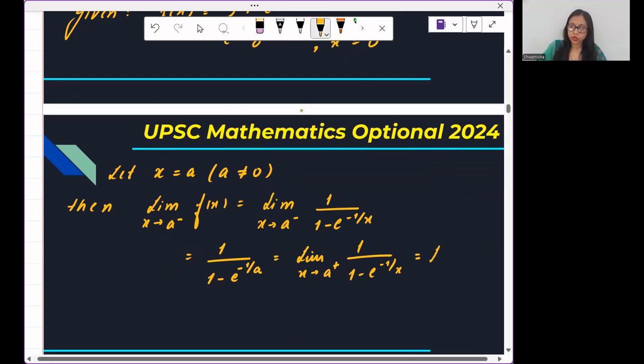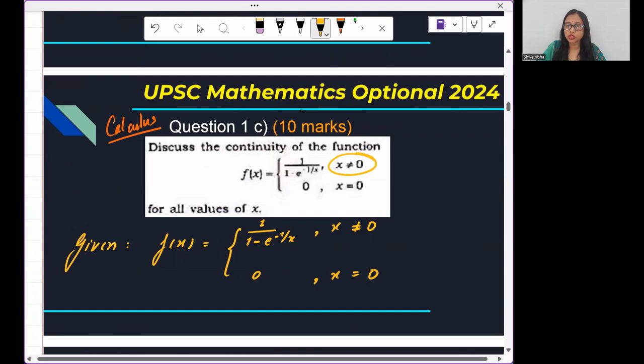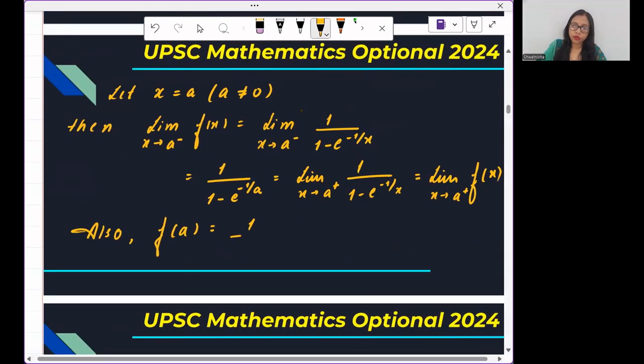Limit x tends to a positive of f(x) also, and f(a) is not equal to 0. So for something which is not equal to 0, this is the function. You just substitute. Also f(a) is the same.